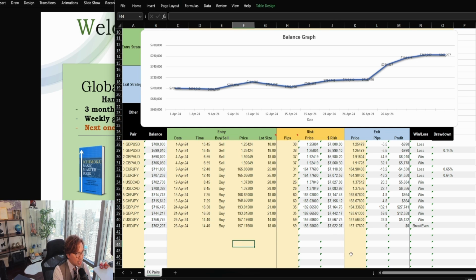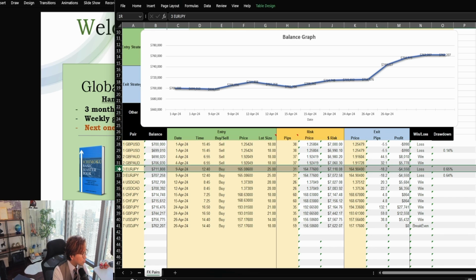And the drawdowns are kept very small. My biggest drawdown was on the 9th of April on Euro JPY, where I got an 18 pips times 2 loss. That was a 0.65% times 2 drawdown, which is quite small in my performance.